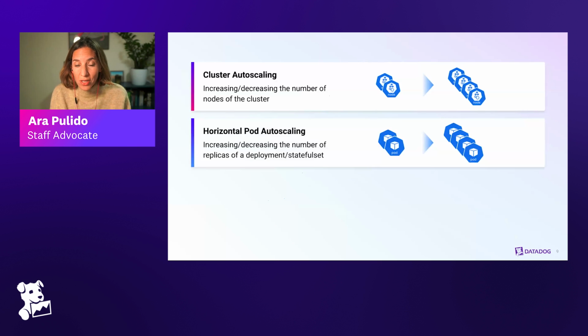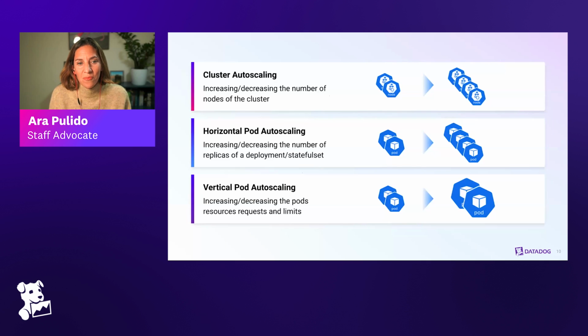We also use horizontal pod autoscaling, which means increasing and decreasing the number of pods in your workloads. But we also use vertical pod autoscaling, which even though it's a Kubernetes project, is less commonly used, as we saw in the Datadog container report.